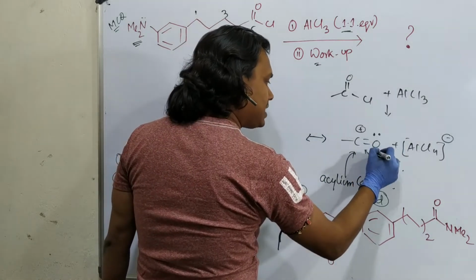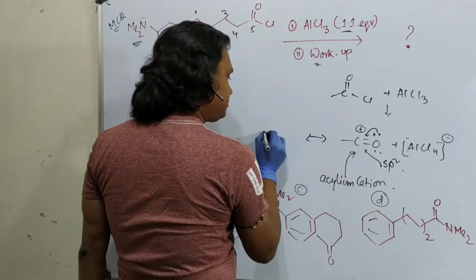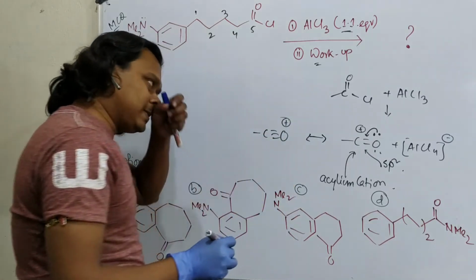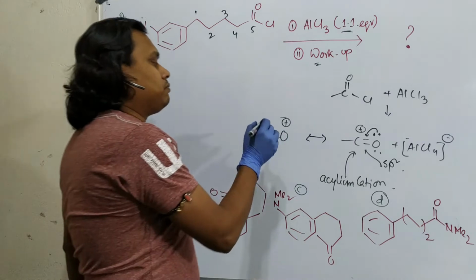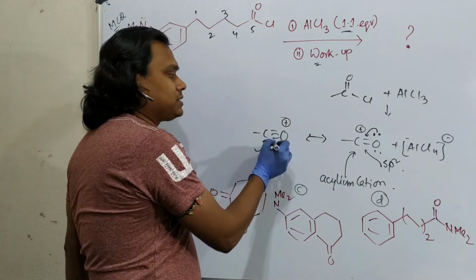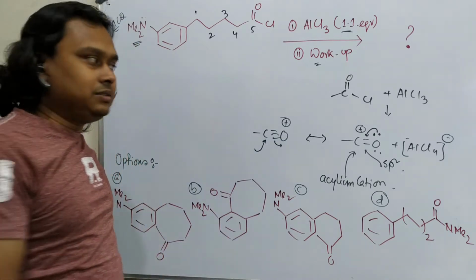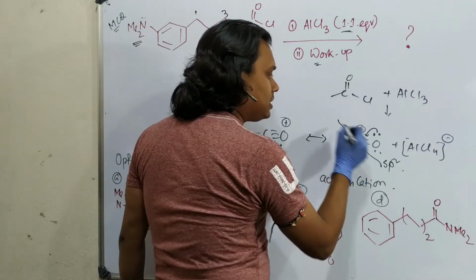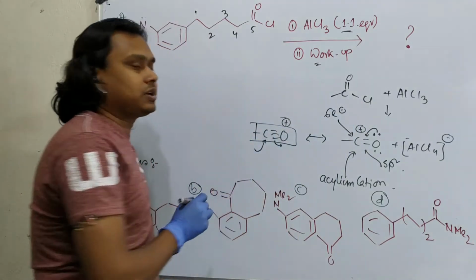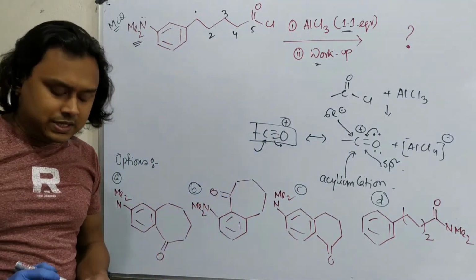This oxygen has a lone pair and it donates, and the formal positive charge goes on oxygen. But still there is positive charge density on this carbon, because a nucleophile attacks and it opens up, and oxygen gets neutralized. In this form, this carbon is a 6 electron species, while in the other, every atom in this molecule has an octet. So that is the driving force for this canonical form.